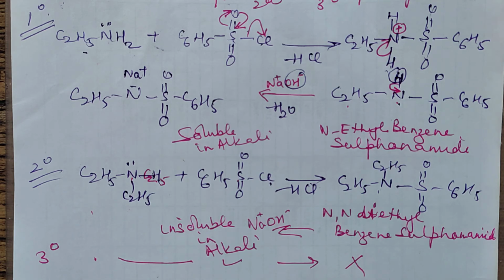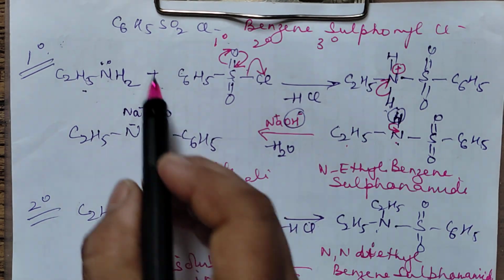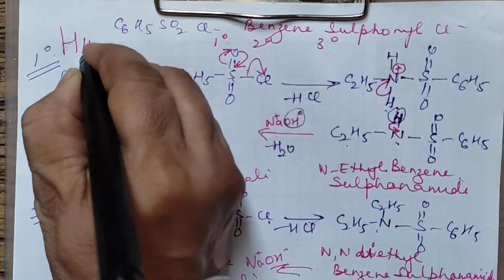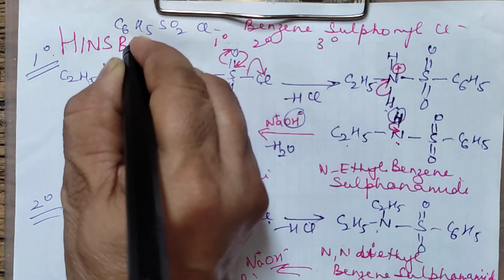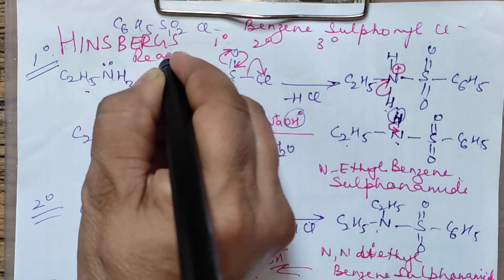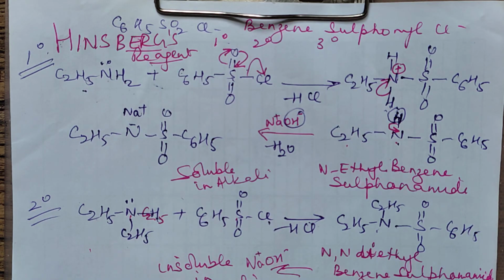This is a very, very important thing, and the name of this reagent, C6H5SO2Cl, is Hinsberg's reagent. What is Hinsberg's reagent? Benzene sulfonyl chloride. And how will you write the distinguishing test?